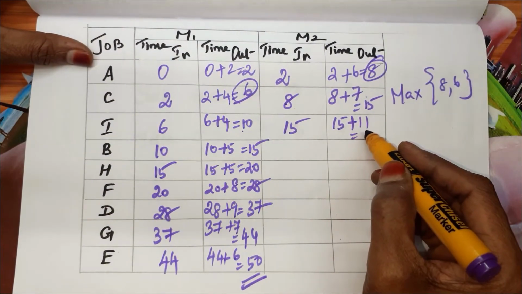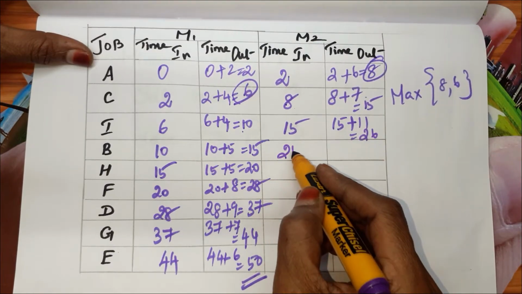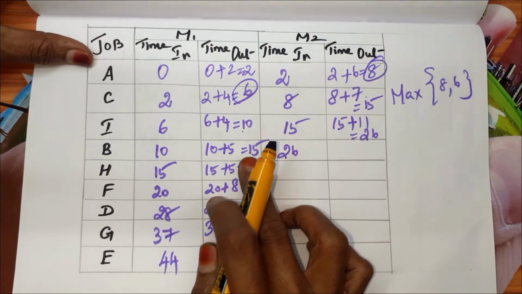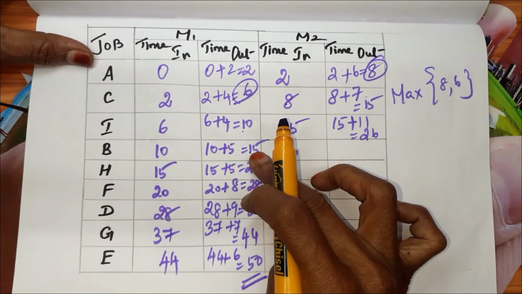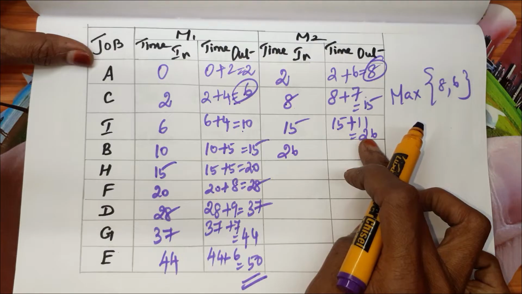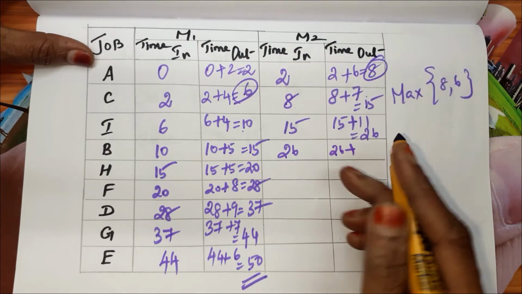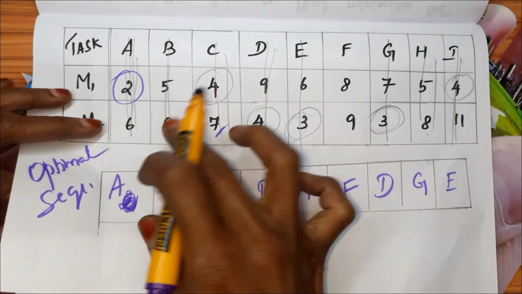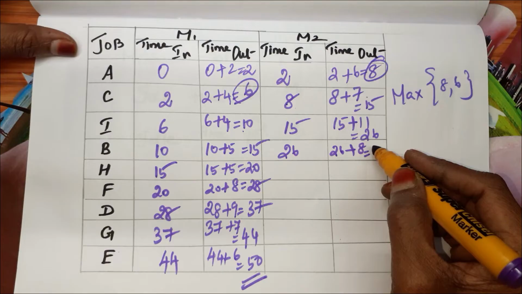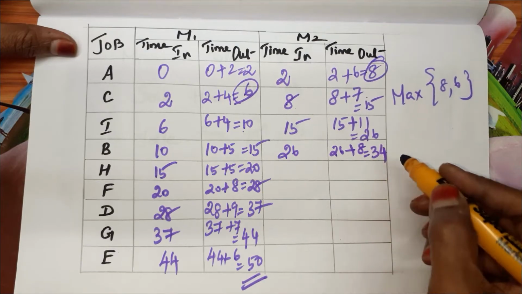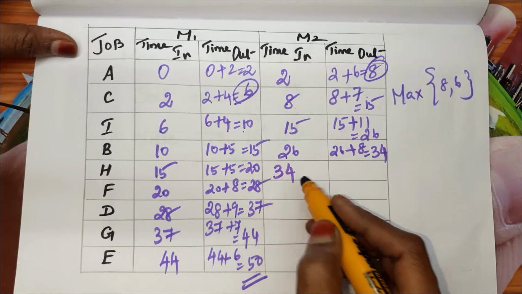So it is 26. Now 26 and 15, 26 is the maximum. So 26 we have to take. 26 plus, for B, 8. 26 plus 8, which is equal to 34. 34, 20. 34 is the maximum.